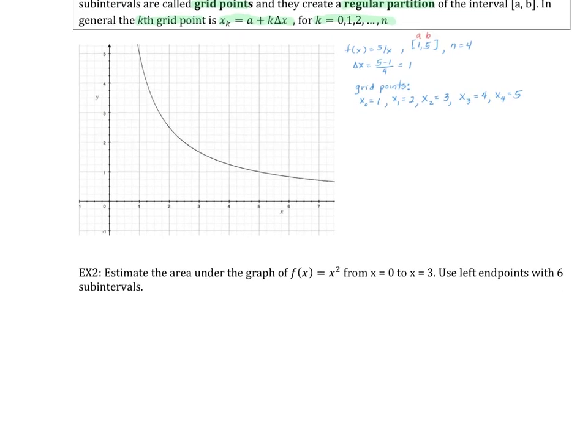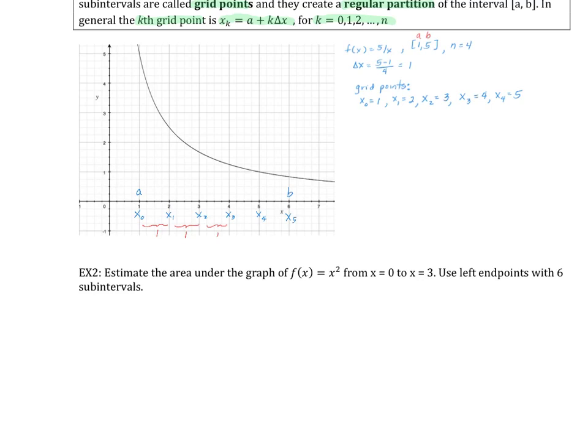Looking on our graph, our x sub 0 is at 1. Remember, that's our a value. And then x sub 1, x sub 2, x sub 3, and x sub 4, which is our b value. Each one of these delta x's is 1.